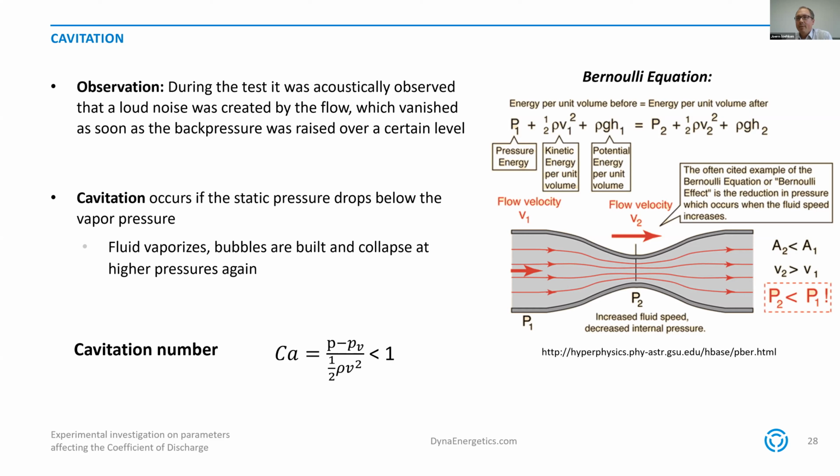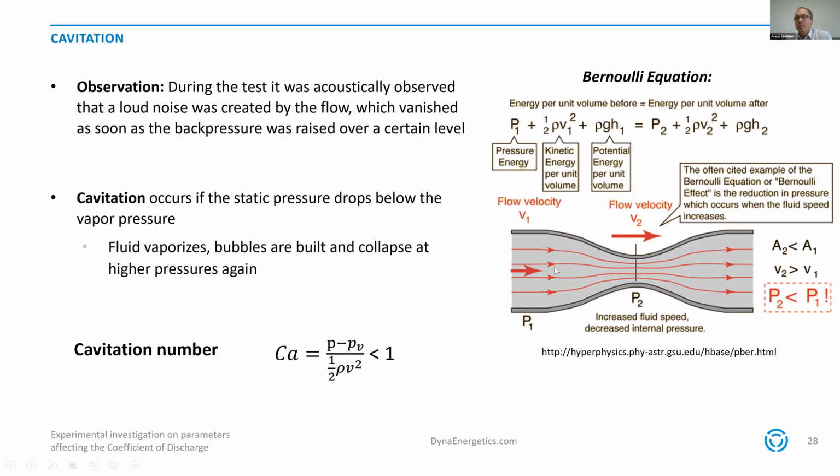This can be explained by Bernoulli's equation. So for a given flow, your local pressure will always be a sum of the static pressure and your dynamic pressure. The dynamic pressure is proportional to your flow velocity, and your static pressure is just adding up to this equation. And of course, you have a hydrostatic pressure as well.